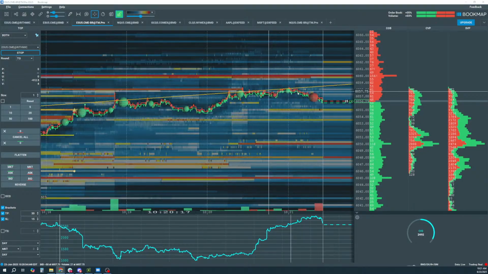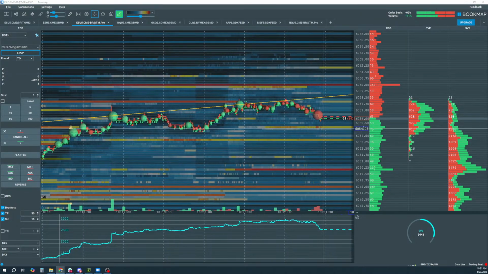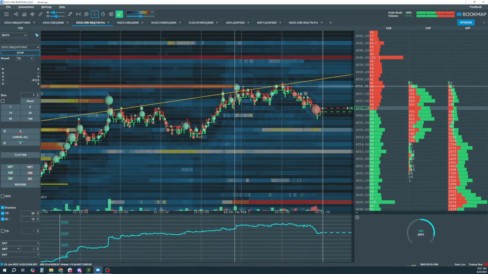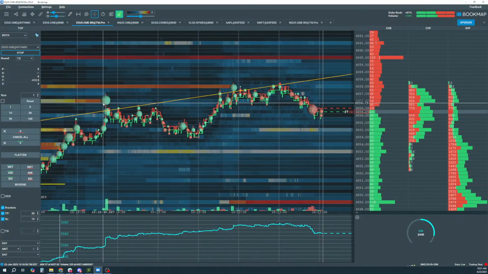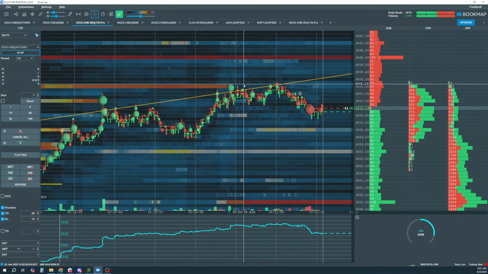Okay, so it just traded up into that liquidity up here at 58 that we were looking at earlier, right here. Okay, typically after trading into high liquidity, we're looking for a bit of a pullback.